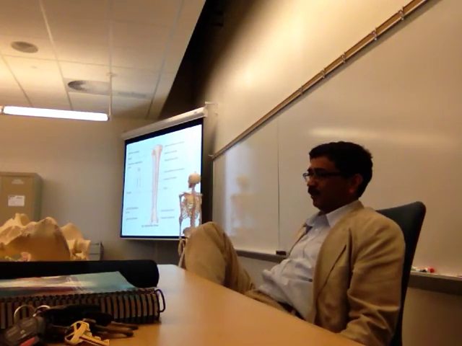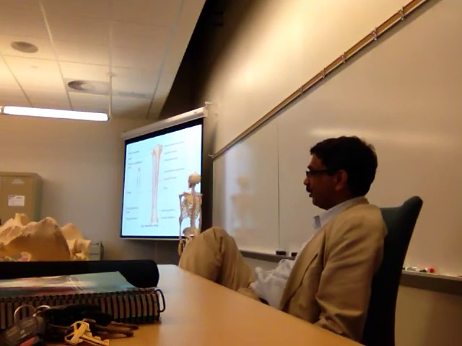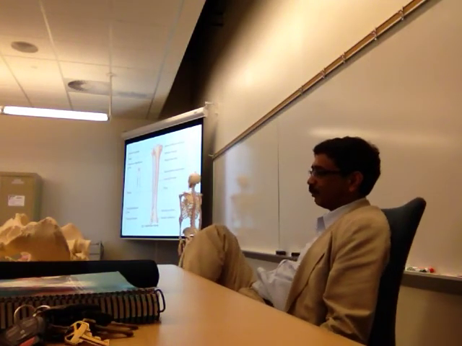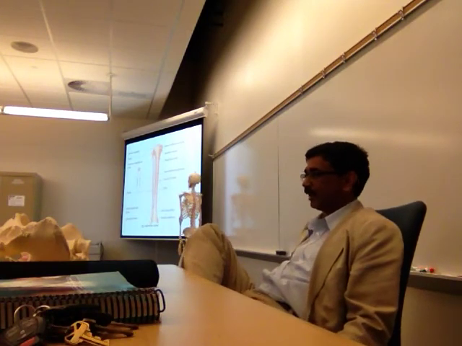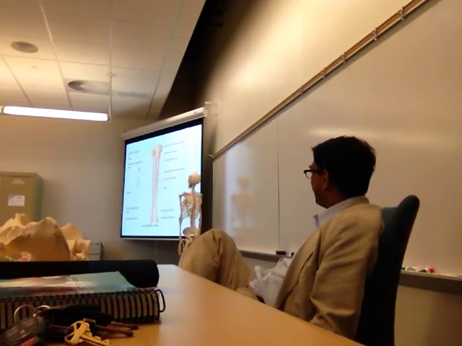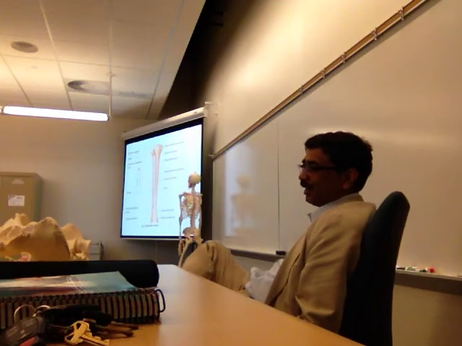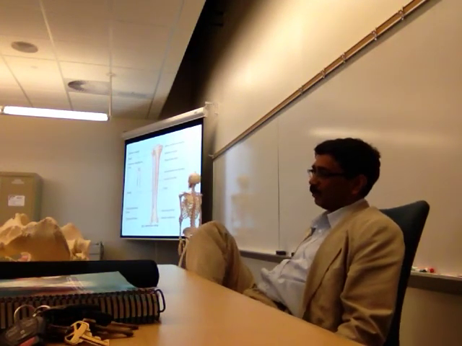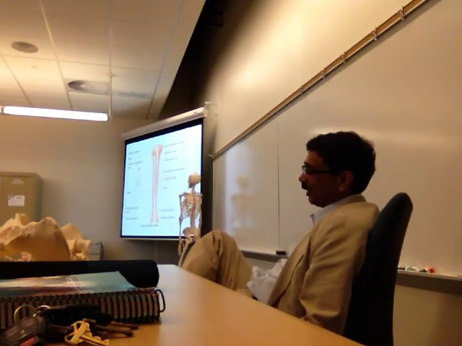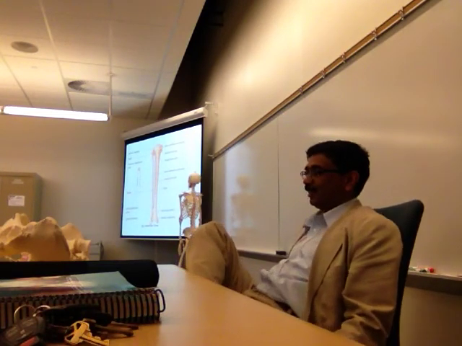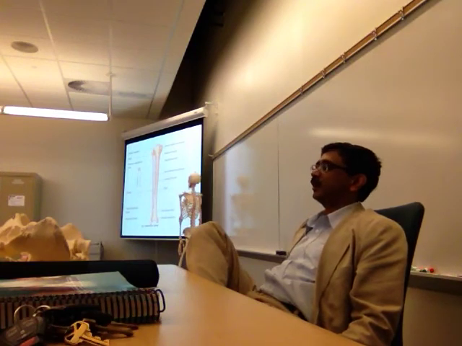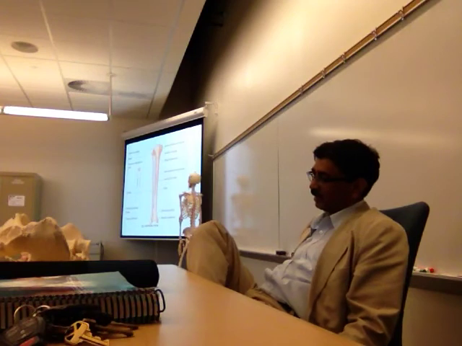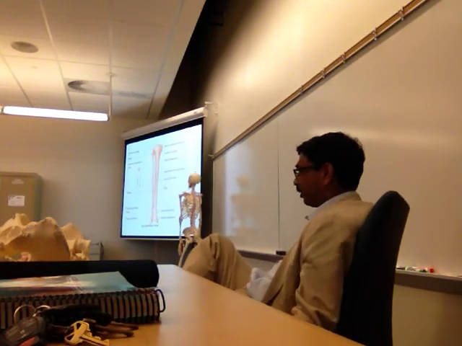A small bony part goes beyond the main lower part, an extended part. That's the malleolus. Okay? So you have malleoli in both tibia and fibula. You had styloid processes in both the lower end of radius and ulna. In the case of your forearm bones, those are styloid processes. In the case of your leg bones, those are called malleoli.